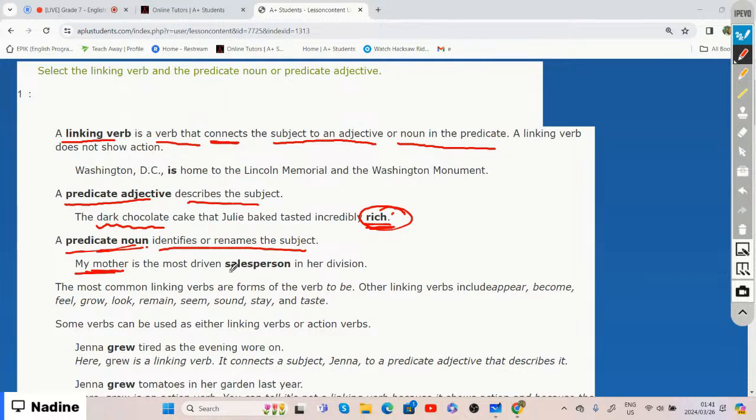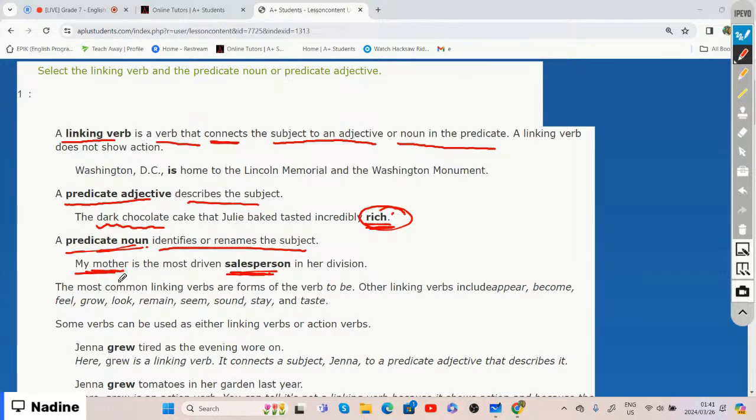At her workplace, the mom is also known as a salesperson. So the predicate noun is being identified as a salesperson. The mother is being identified as a salesperson. It's almost like saying that the subject is being renamed as the salesperson.